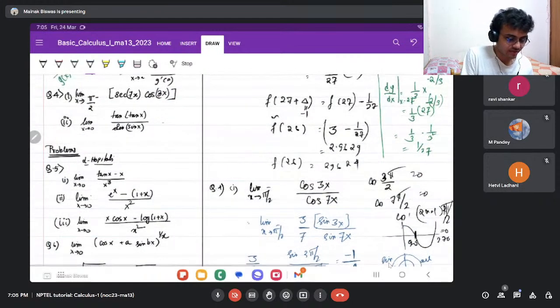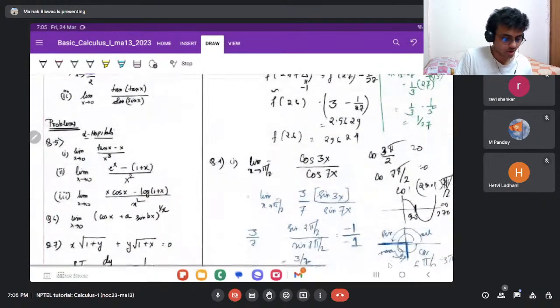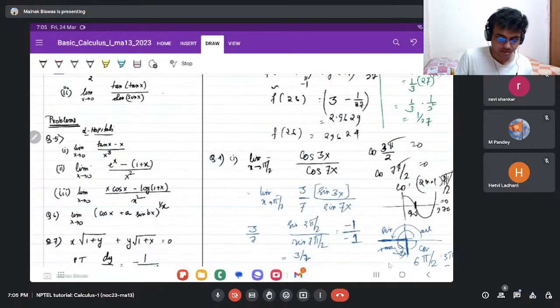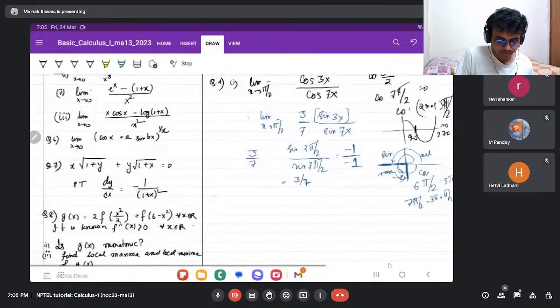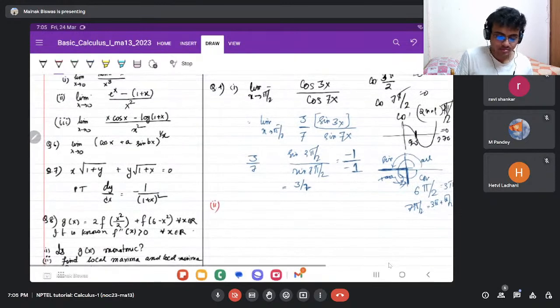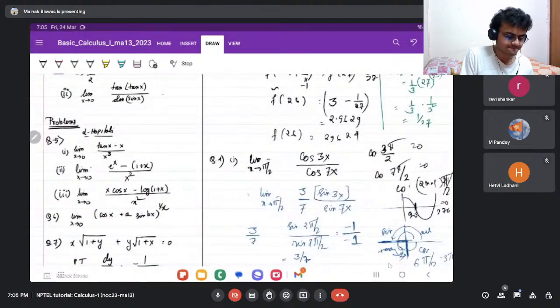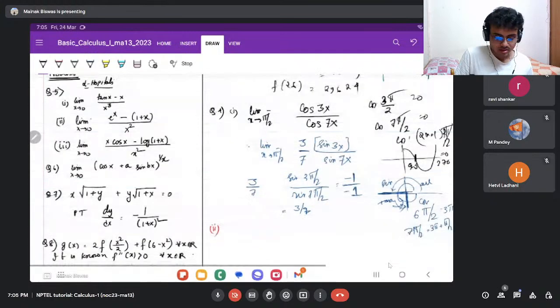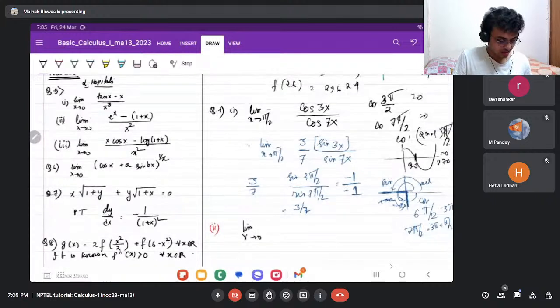If you have a different calculation, please stop me if I have made a mistake. Answer matched, right? Limit x tends to 0. If you are not seeing, let me just check. Sine 7 pi by 2.